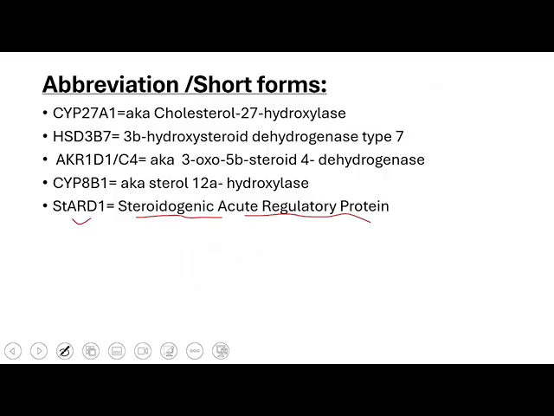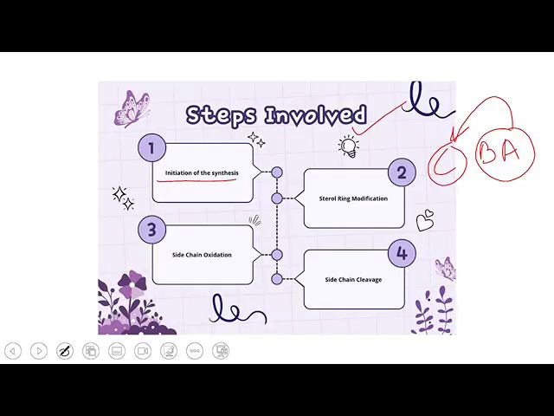What enzymes lead to the two different pathways for the synthesis of the bile acids, that we discuss in this initiation stage. Next is sterol ring modifications. We know cholesterol has sterol rings, so its modification is very important to get converted into the bile acids. So here we discuss the sterol ring modification of the cholesterol for the synthesis of the bile acids.